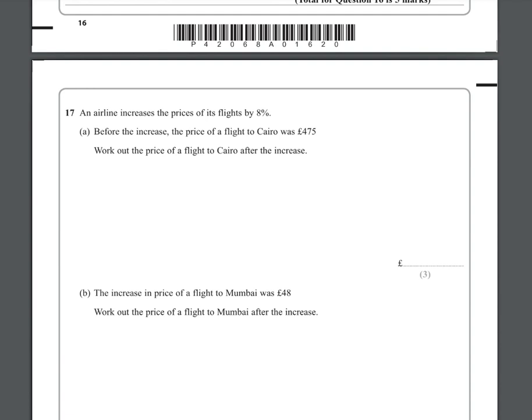Okay, an airline flight increases the prices by 8%. So we've got 475. What is the price after the increase? There's a number of ways of doing this, but I think we want to work out what 1% is. So 100% is 475.